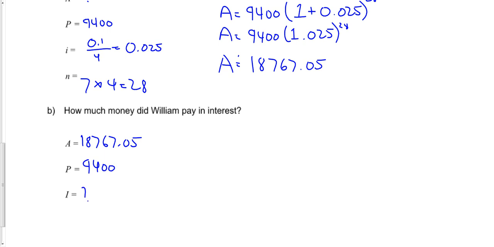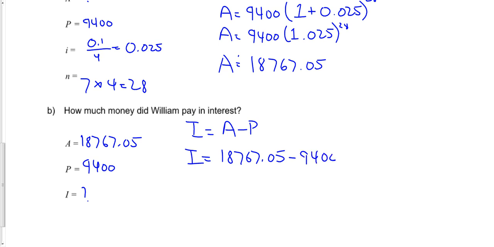And I know that interest is equal to A minus P. Okay, so my interest is going to be 18,767.05 minus 9,400.